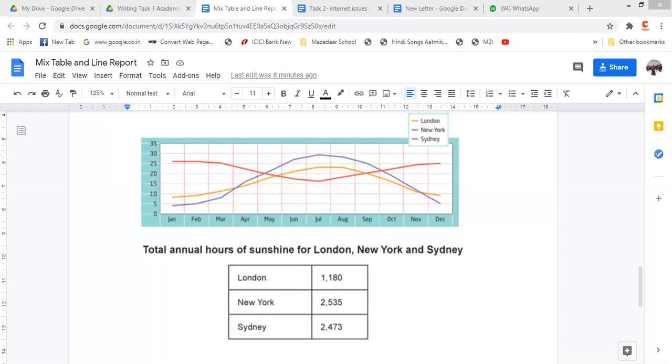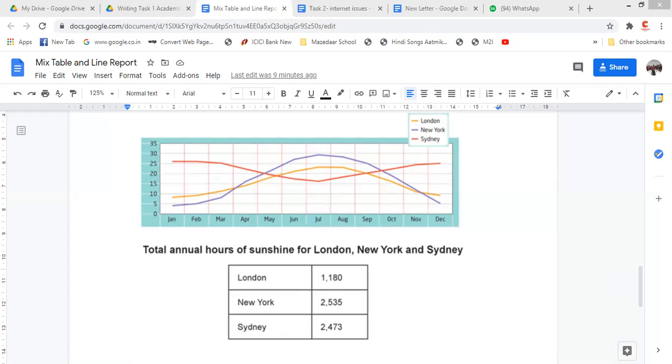A U curve. एक ऊपर जा रहा है दूसरा नीचे आ रहा है. So what do you call that? Contrarian. याद है? Contrarily. Use that word. Sydney showed a contrarian trend, a reverse trend.